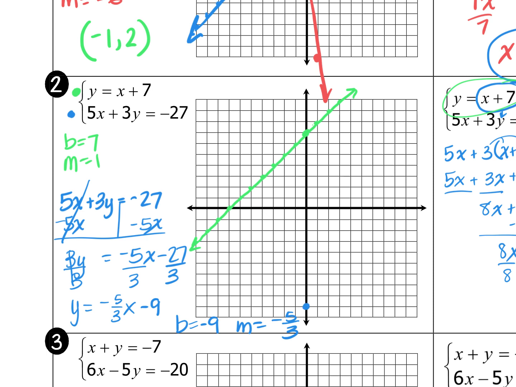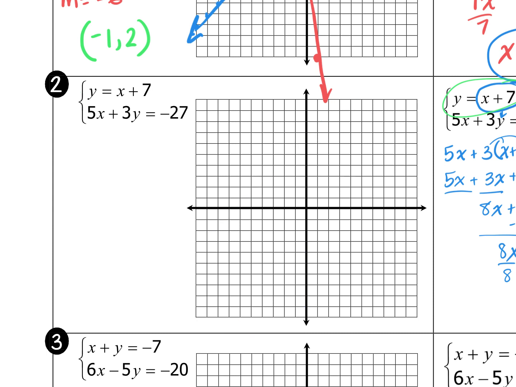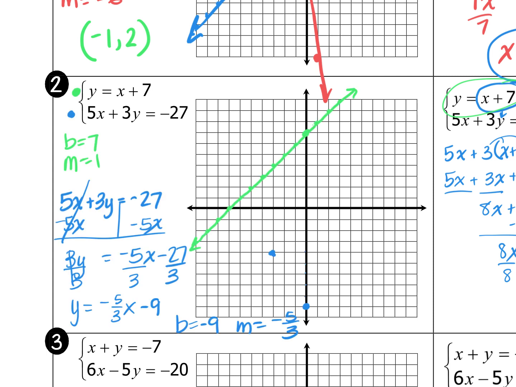I can't go down 5, so instead of going down and right, I'm going to go up and left. So up 5, left 3, up 5, left 3, and I just do that until I run out of space so that I can graph my whole line. Not my straightest line ever.